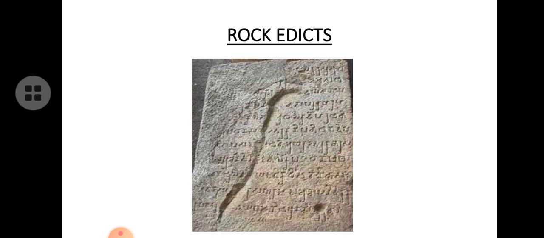Any writing that was engraved on hard surfaces, like stones, rocks, and metals, is called an inscription. Look at the picture. It is a rock edict. Rock edict means any decree, law, or command given by the king, recorded on rocks. They are called rock edicts.